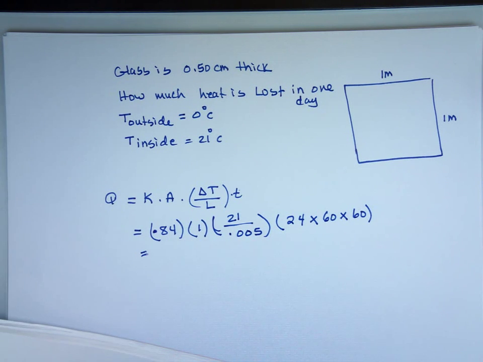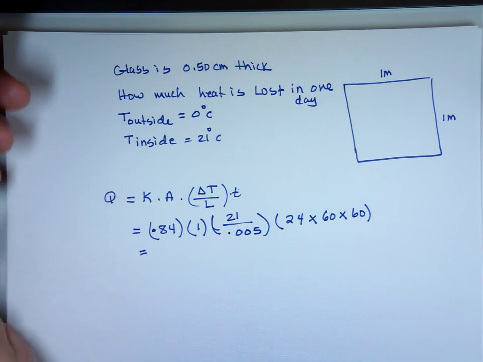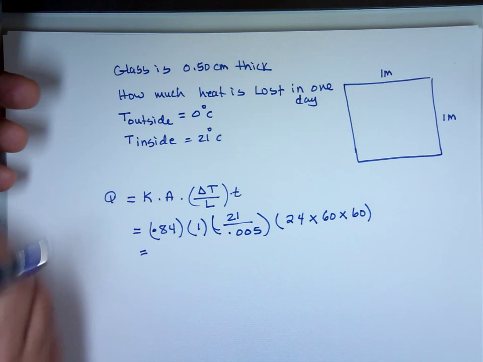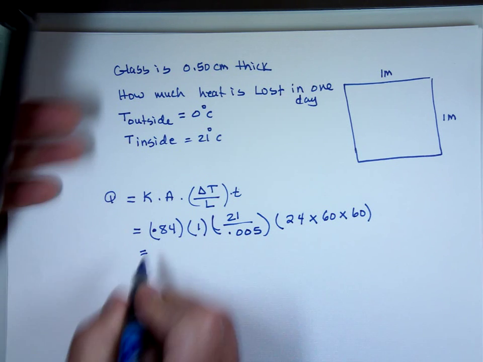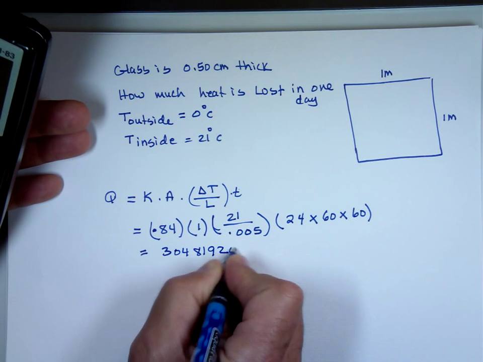Again, you picture the glass like this. The heat transfers from this end to that end, so it's traveling through the glass, only the thickness of the glass. Let's see what that number is. 0.84 times 1 times 21 divided by 0.005 times 24 times 3600 is 304,819,200.